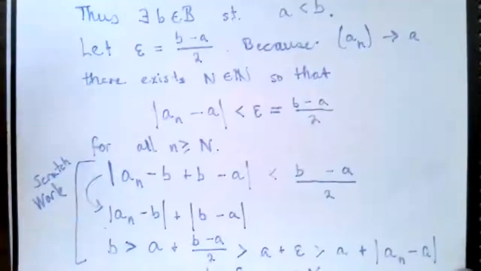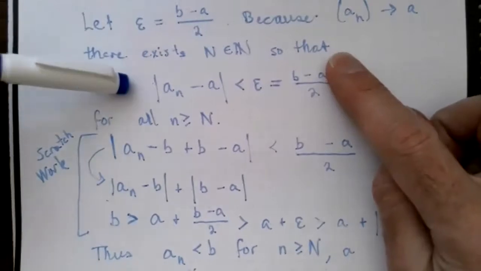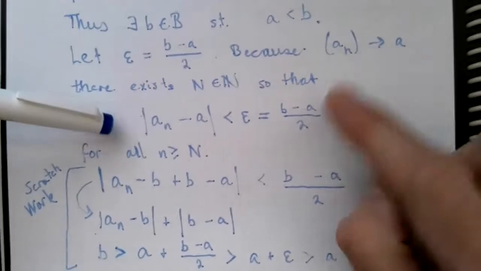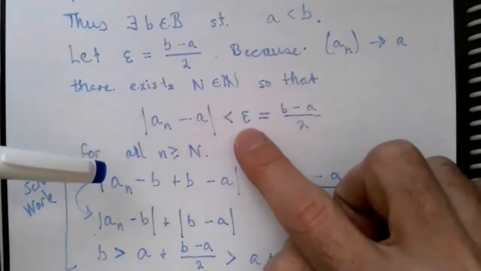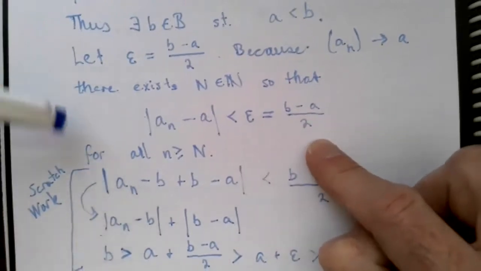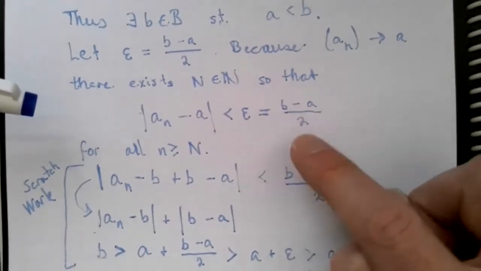So a couple of things we had to use, right? We had to use what we know about the definition of a convergent sequence. If we're saying that the a_n converge to a, we're saying this holds for all epsilon. Here we used a particular instance of it because we're working a proof by contradiction with this (b minus a) over 2 business.